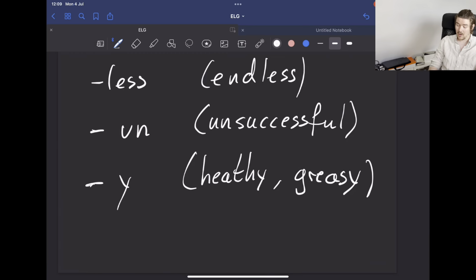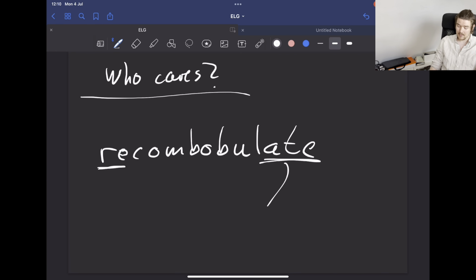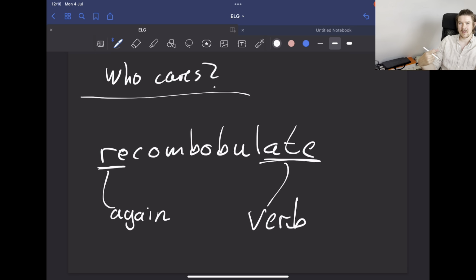So you know that this is a verb. It has to be a verb. And re- adds the meaning of happening again. So you know that this is a verb that is happening, that has happened before, basically. So you don't have to know the meaning of the word entirely, but if you know some of the morphemes attached to it, it'll get you halfway there. At least to the degree that a sentence might grammatically make sense to you.